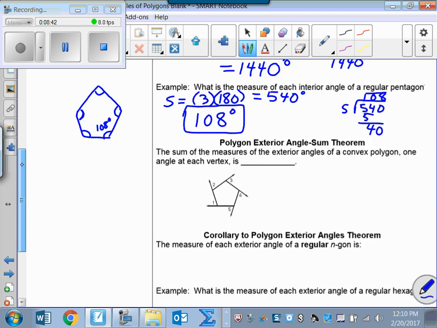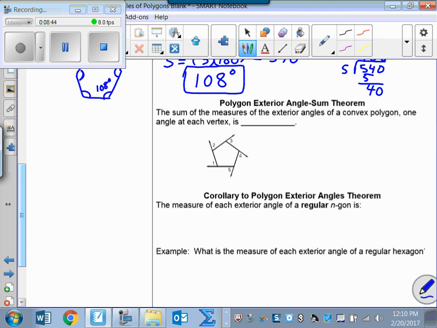Okay, how about the exterior angles? That takes care of the interior. How about the exterior? Well, the theorem tells us the sum of the measures of the exterior angles of a convex polygon, one at each vertex, and you can see how we have our exterior angles drawn there, is 360 degrees. It does not matter how many sides your polygon has.